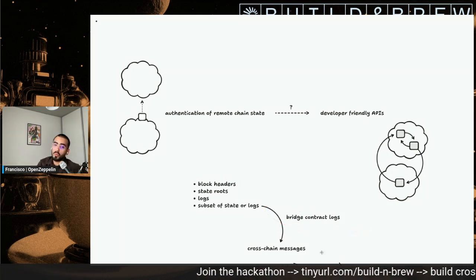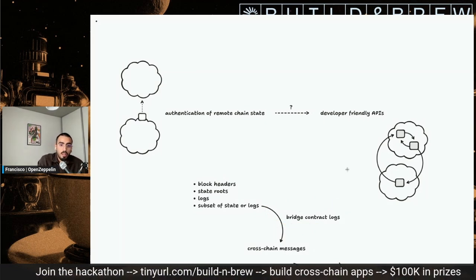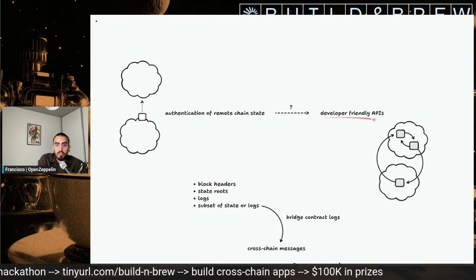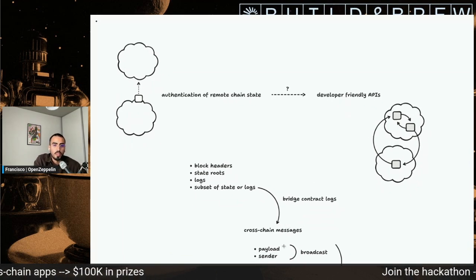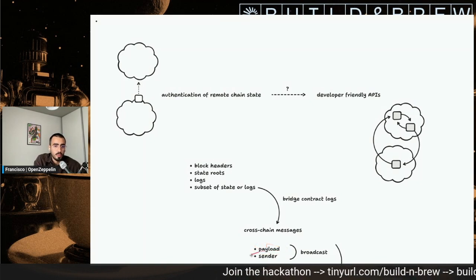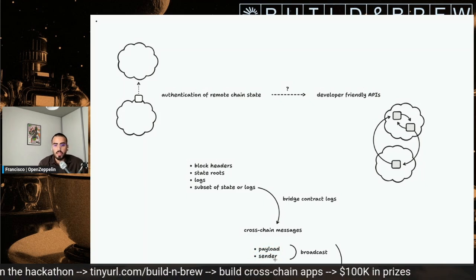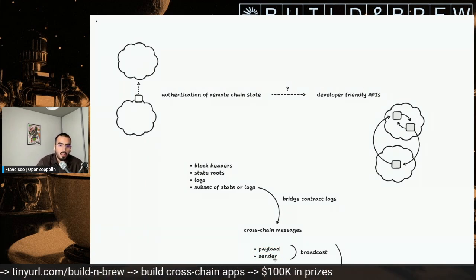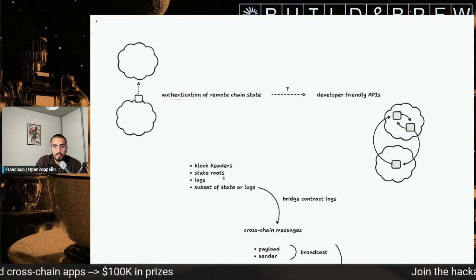So what is contained in a message? When we send a message, what is the developer going to have to specify? We're going to have some basic things that we want. There's going to be a payload that includes the parameters, and obviously there's going to be some sender, right? We want to be sure that the message that we are seeing was sent by a specific account, which is a very important piece related to the whole authentication deal.